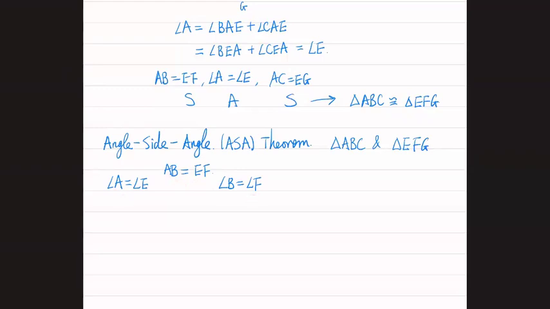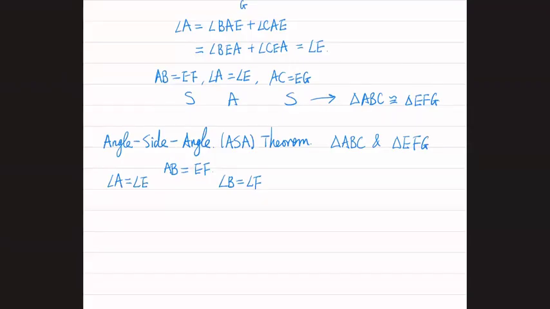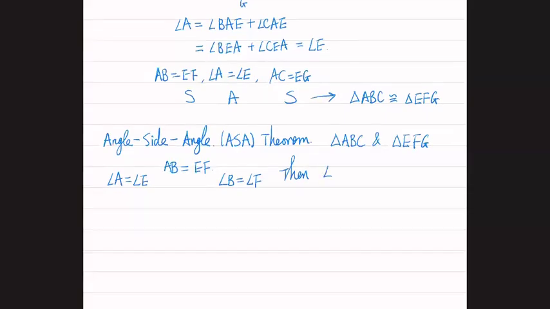Then we conclude: is ABC congruent to EFG this way? ABC must be congruent to EFG.